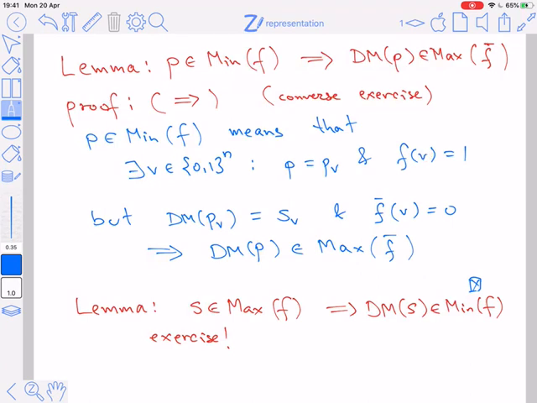Now, if I take P_V and I apply to it a DeMorgan dual, I get exactly the max term S_V. And we know that the negation of f on V attains the value 0 because f of V attains the value 1. So this means that the DeMorgan dual of P is a max term of the negation of f. And that's what we needed to prove. Okay? So the other cases are proved similarly.